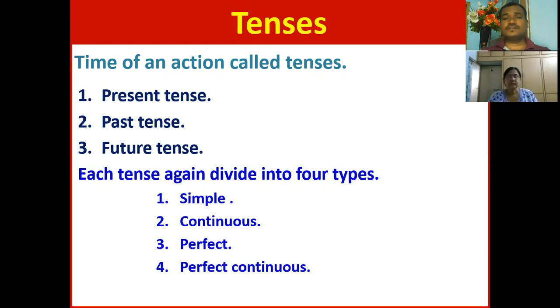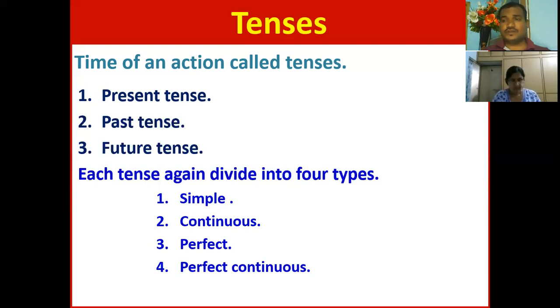So first, what is the first subdivision? Simple tenses. So it might be simple present, simple past, or simple future. Now the second type is continuous. And then perfect: present perfect, past perfect, and future perfect.